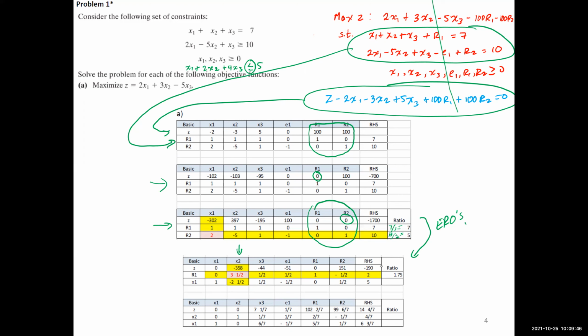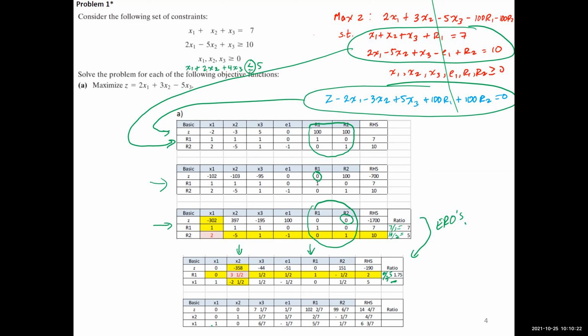So this one is going to be 2 divided by this 3.5. And then this one is negative, so we don't consider that one. So the only one that is available will be R1. So we're gonna swap X2 with R1. So again, we perform the elementary operations to make that column for X2 0, 1, 0, which is the format for R1.